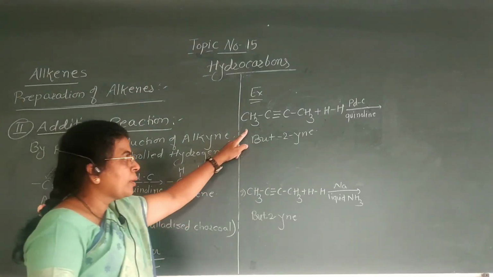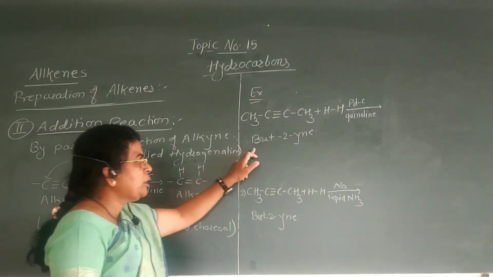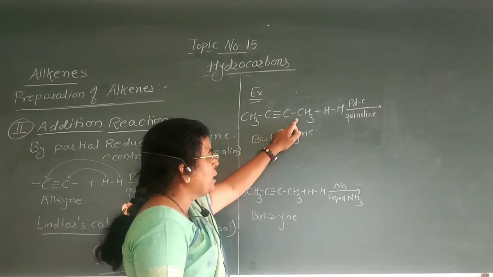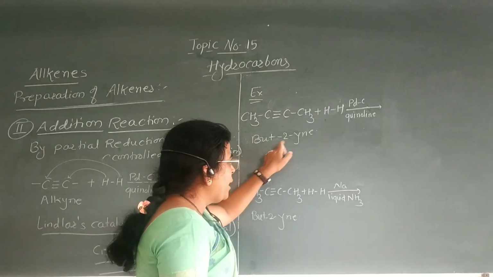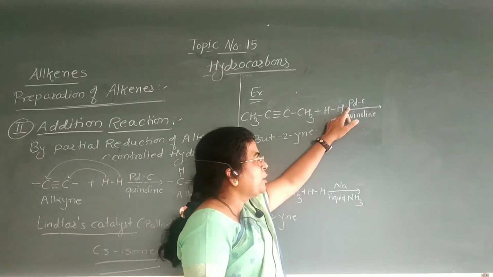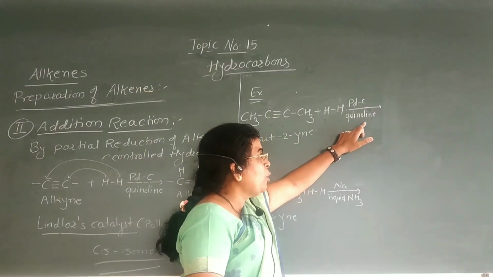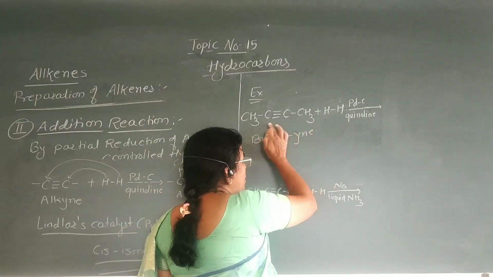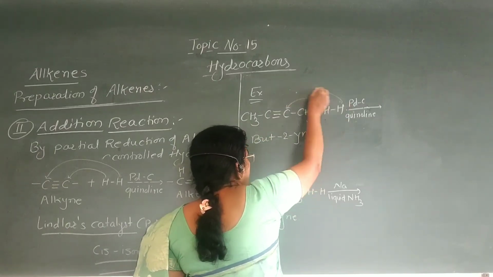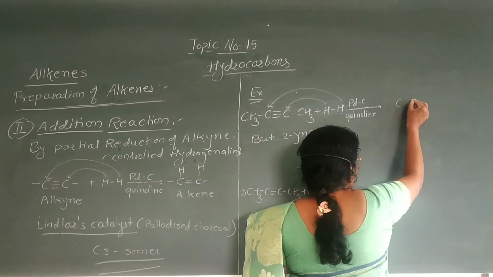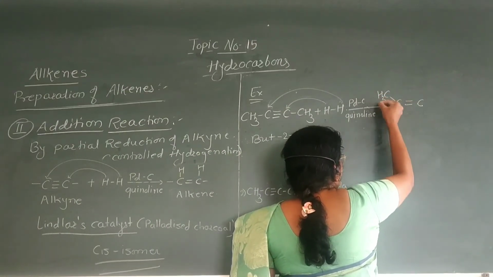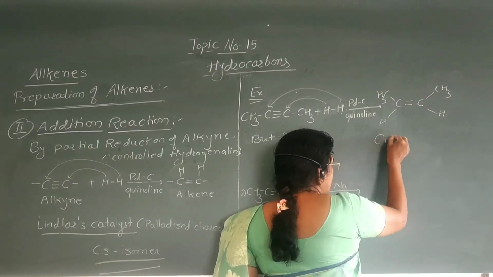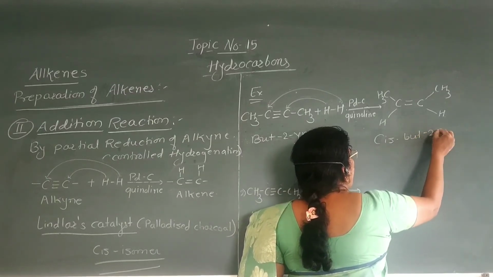Now we are going to see the example. This is but-2-yne. Here CH3 C triple bond C CH3. When this but-2-yne undergoes partial reduction in the presence of this palladized charcoal and quinoline, then addition of H2 takes place across this triple bond to form cis but-2-ene.